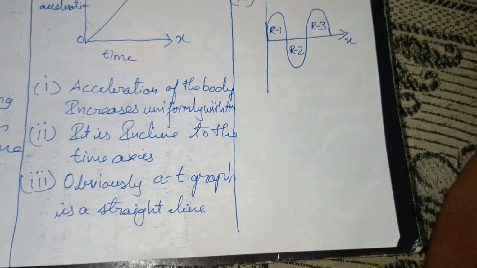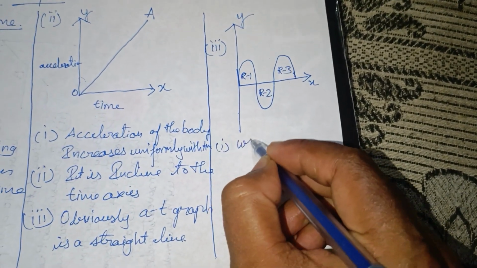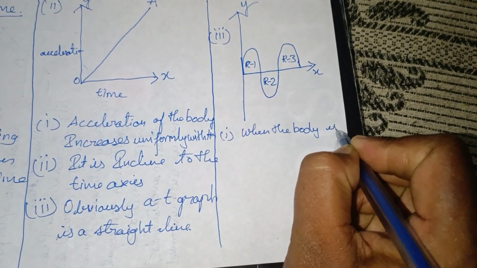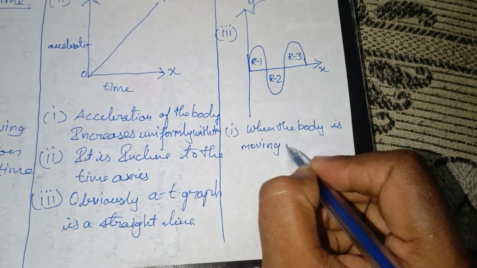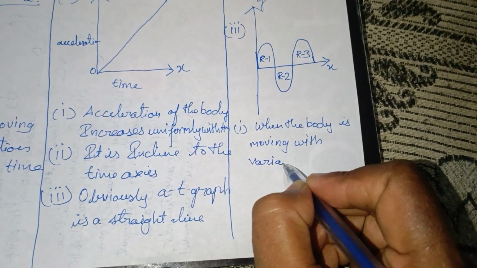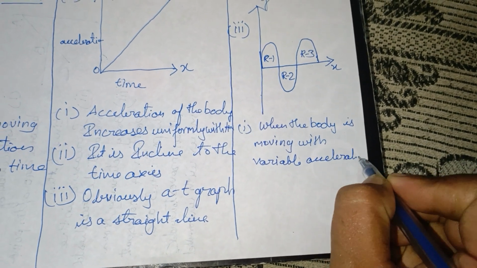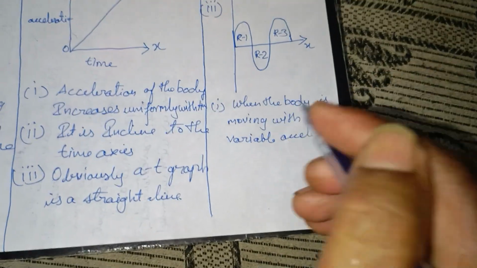Point number 1: when the body is moving with a variable acceleration, the AT graph is a curve.